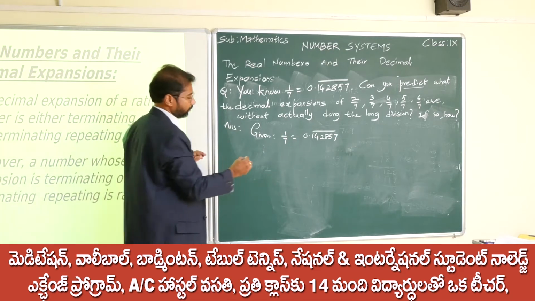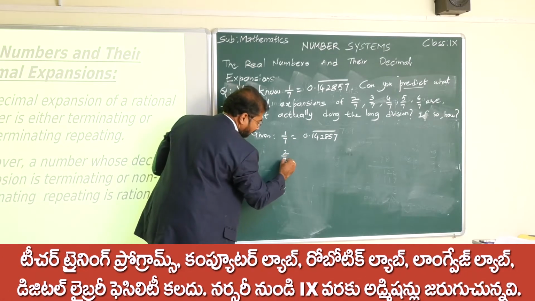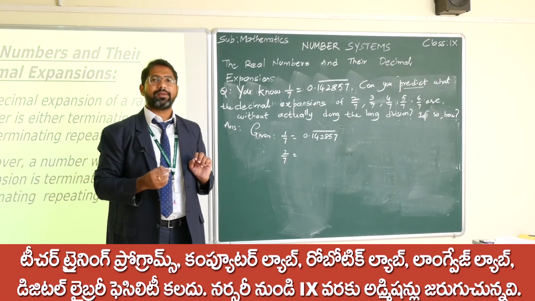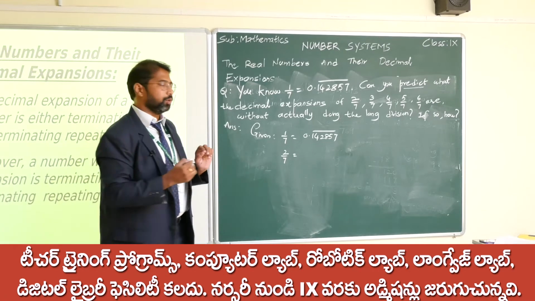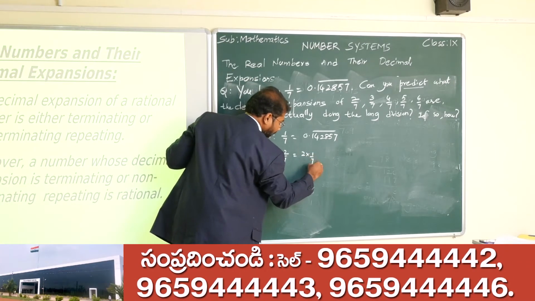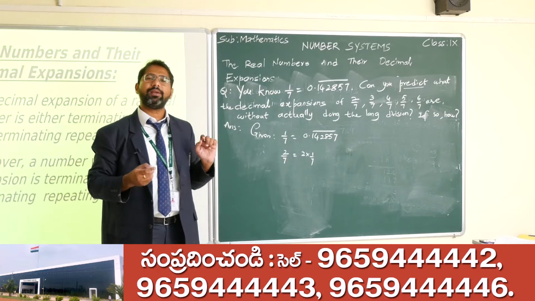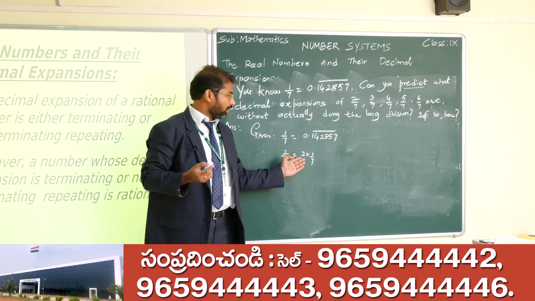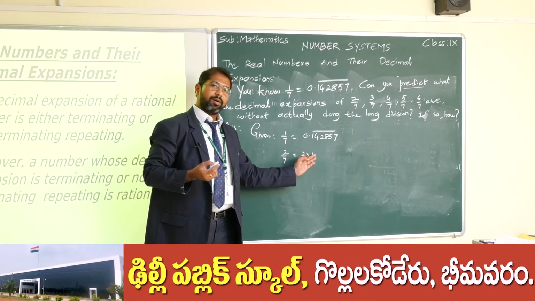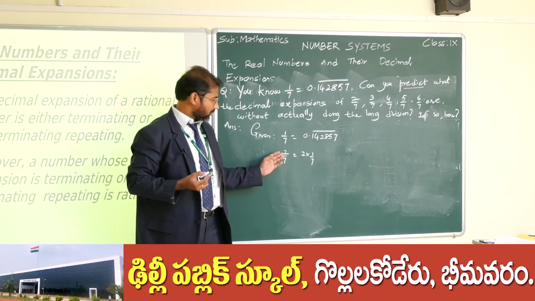Let's see how. 2 by 7, let us consider. 2 by 7, I can write it as 2 into 1 by 7. Can we write? Yes. When you multiply a natural number and a rational number, you will get the same thing, 2 by 7.